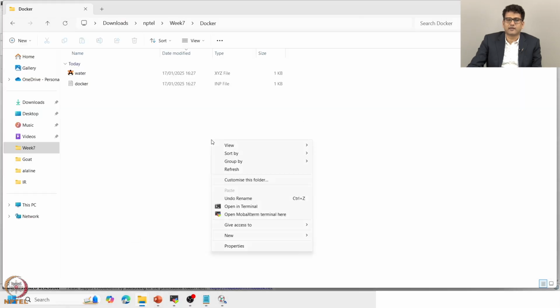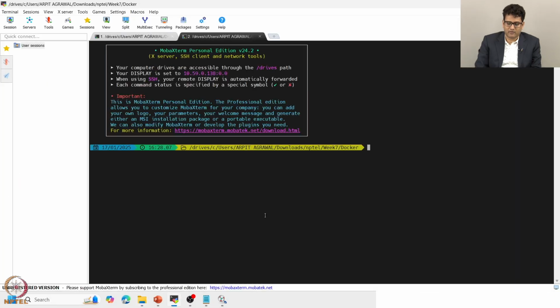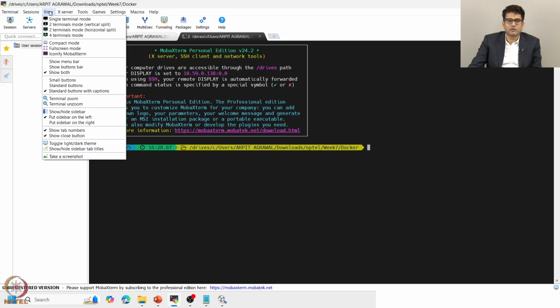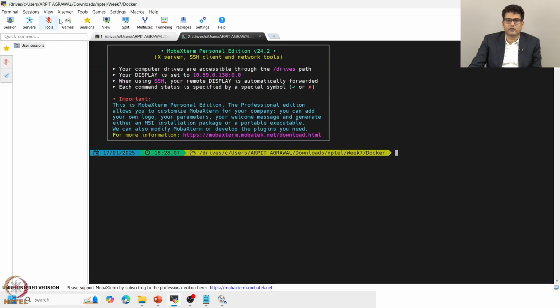And like the last class, we will use the MobaXterm here, and so maybe I can zoom a little bit.